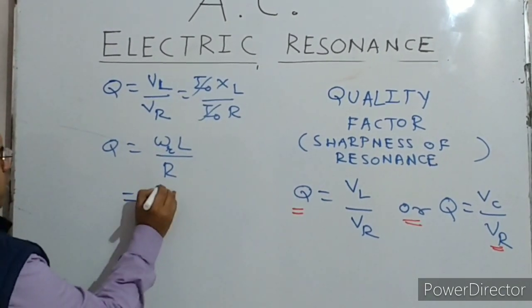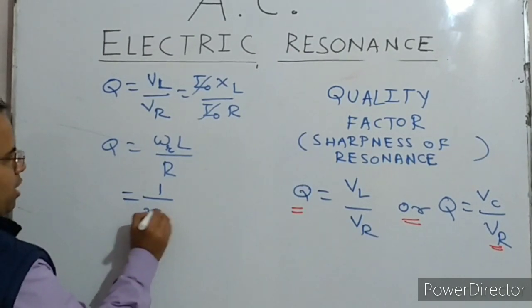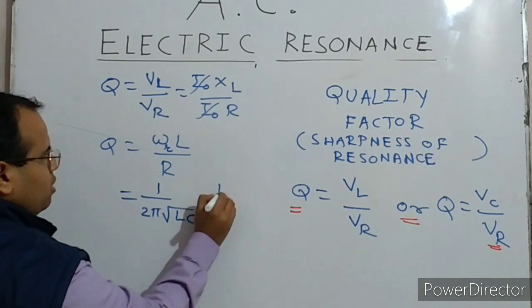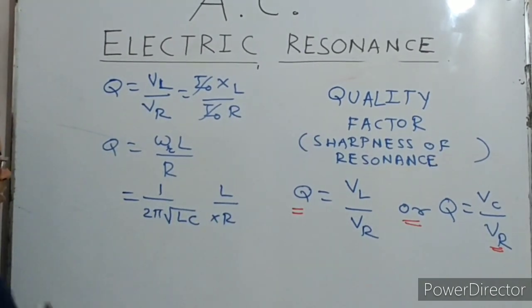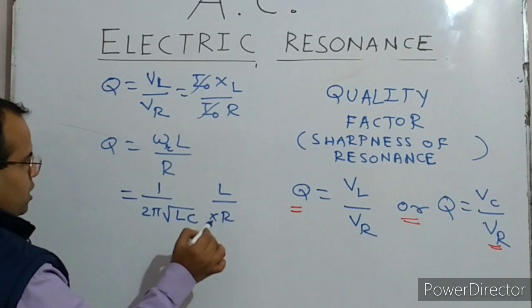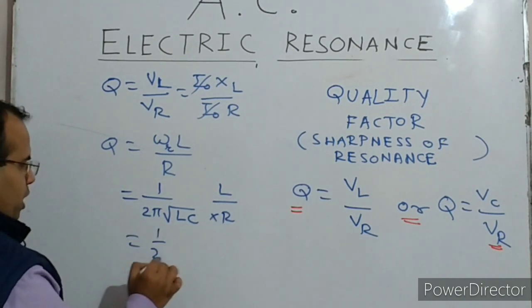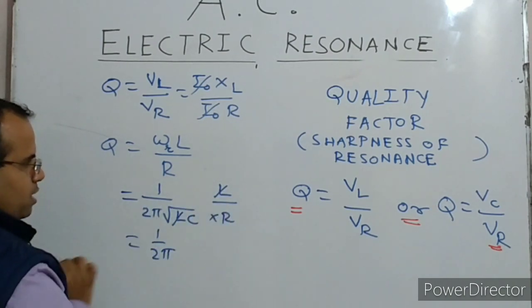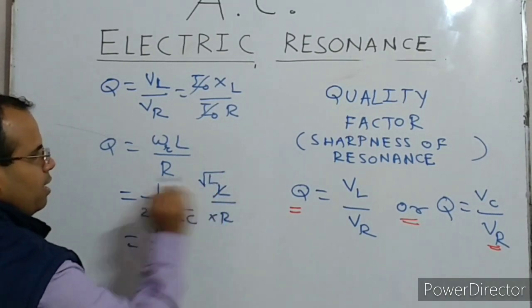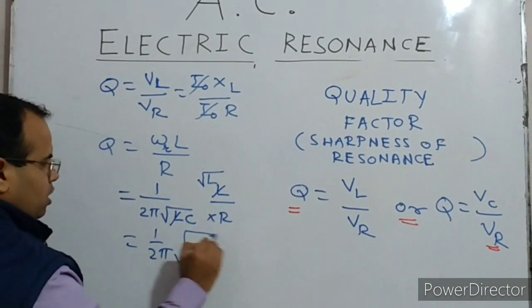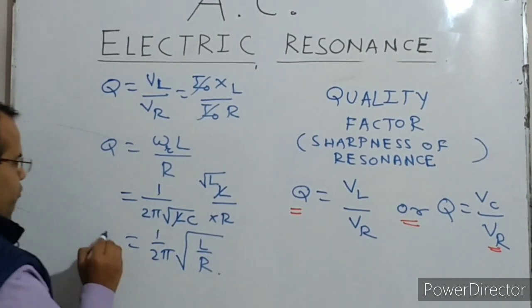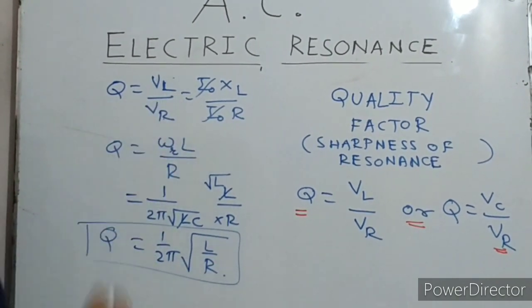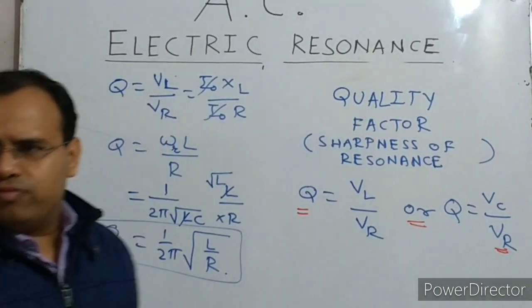You know that resonance frequency is given by 1 upon 2 pi root LC, into L by R. Similarly, you can find it by VC upon VR also.